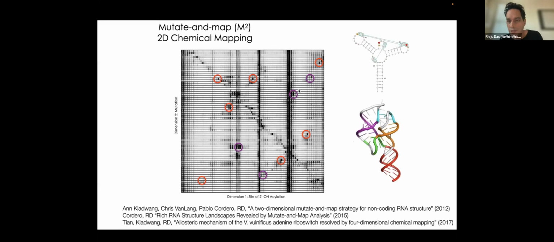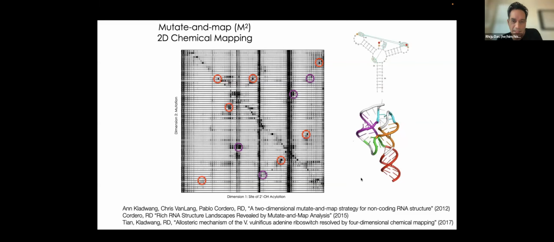And so in our early work, we showed that you could recover RNA structures that have no structure, like this adenine riboswitch, from these kinds of data. And then within the puzzles trials, for something like 10 of those puzzles, we called them Mutate-and-Map data and made them available to everyone who's making predictions.